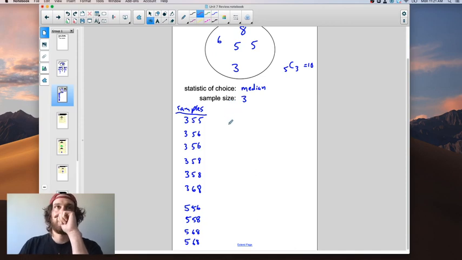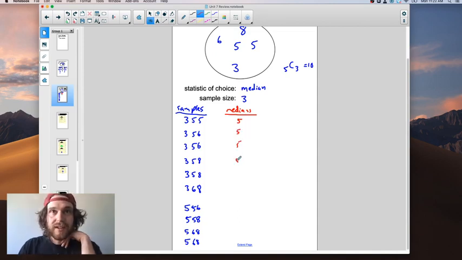Now let's talk about our sample medians. Let's go through and find the medians of all of the samples. Well, this one is 5, 5, 5, 5, 5, 6, 5, 5, 6, 6.